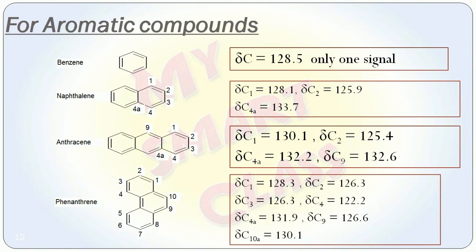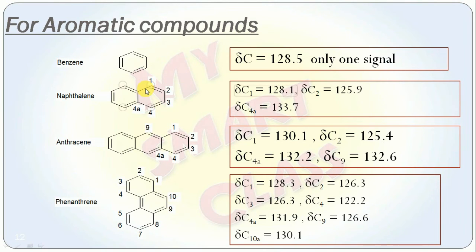Now for the aromatic compounds, what we have to do? Benzene has all equal carbons, and the base value of chemical shift is the same, 128.5. So if we have benzene, all carbons will give the signal at 128.5 delta ppm.